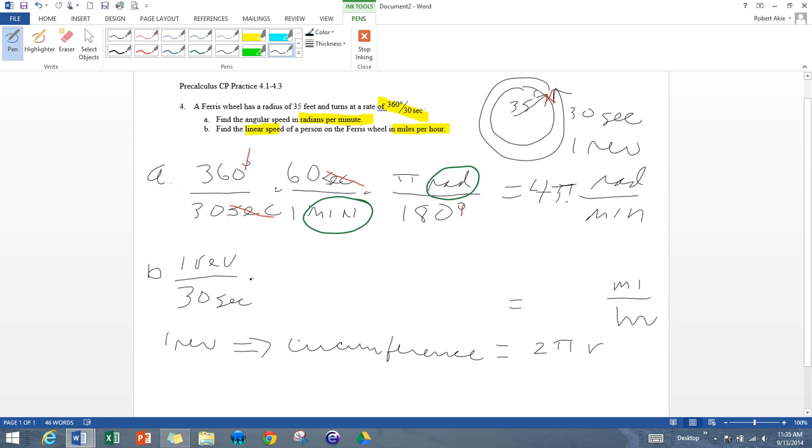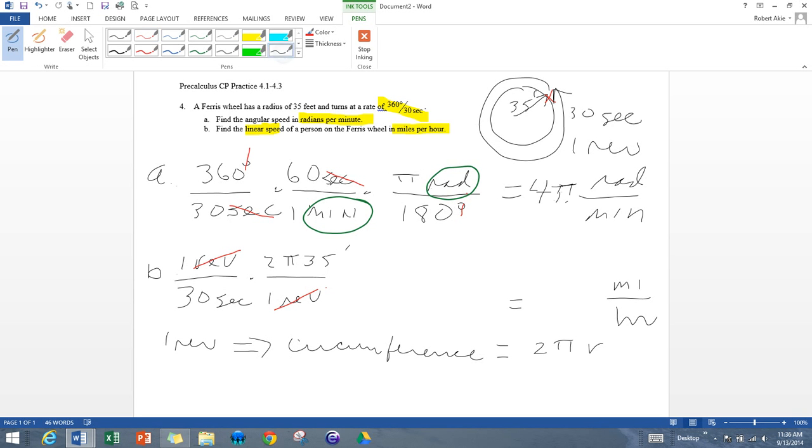We know in one revolution we travel the circumference, so that would be 2 pi, and r in this case is 35 feet, and that's one revolution. So now, by canceling out the revolutions, we have a distance per unit time. It just turns out on the left hand side at the moment we have feet per second.